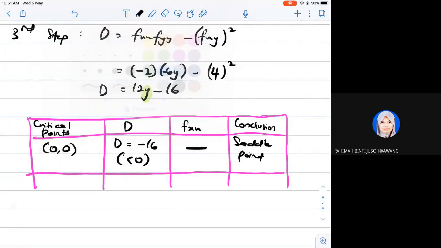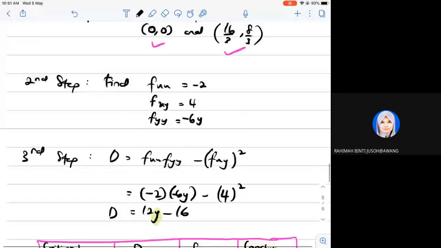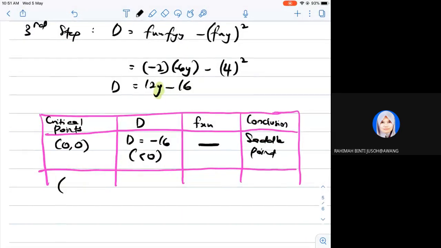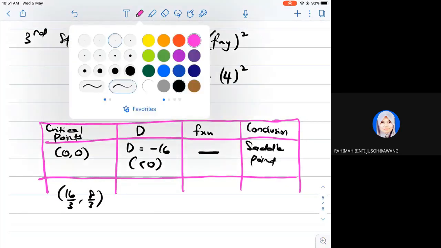Lepas tu, yang kedua, koordinat kita. Mana tadi? 16/3, 8/3. Cuba you calculate. Gantikan 8/3 dalam ni. Cuba calculate nilai D tu dapat berapa?